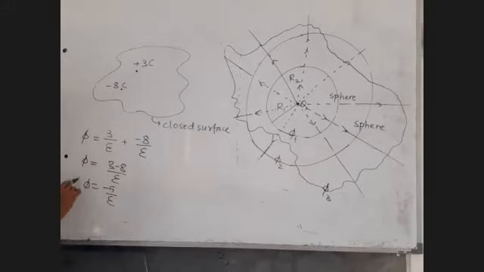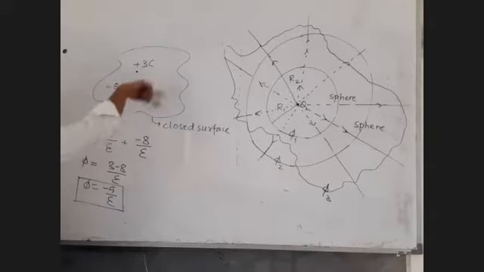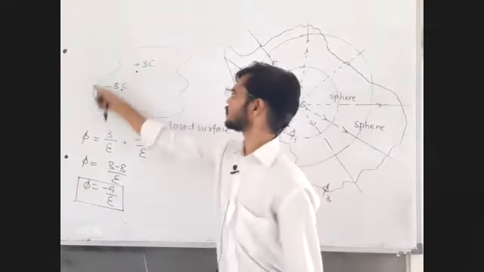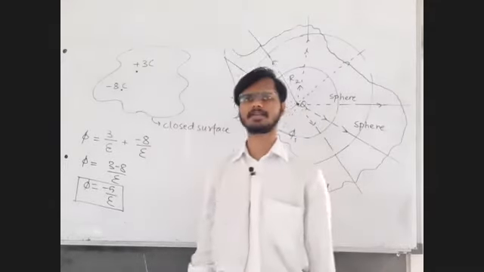Minus 5 upon epsilon. Total flux is negative, meaning net enclosed charge is negative. What is the net enclosed charge? It is plus 3 minus 8, which is minus 5.